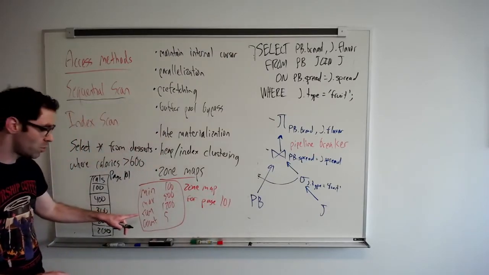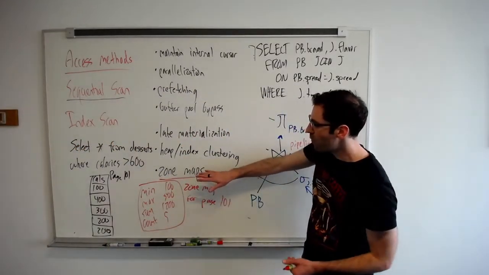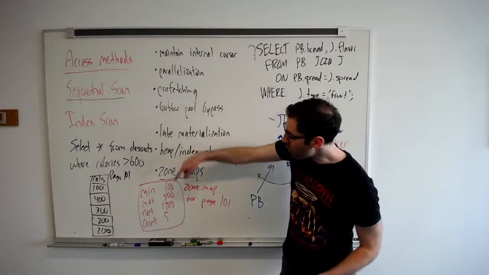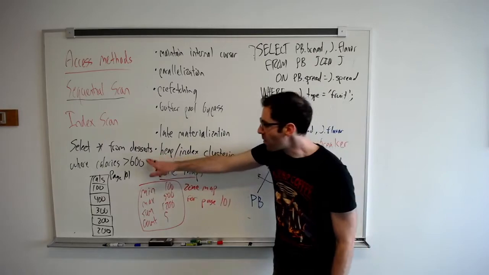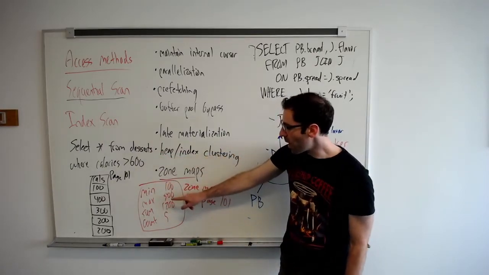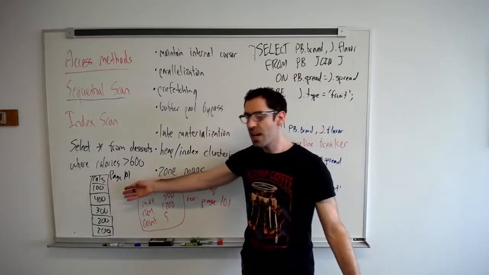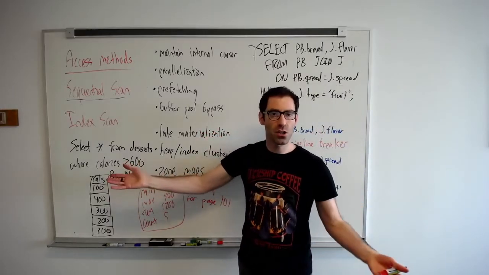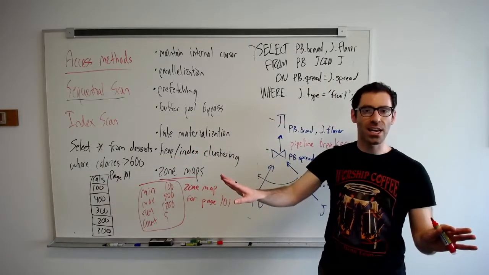what our queries will do is that as they're scanning pages, they will first check the zone map before they go to scan the page. And for this particular query, it could check the zone map, see that the max is 500, and say, well, there is not any data in this page. There's not any tuples in this page that I will actually want, so I don't need to scan it at all.